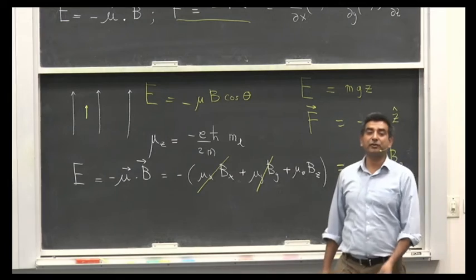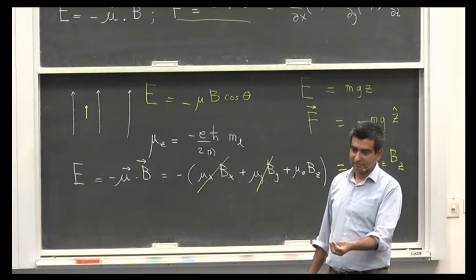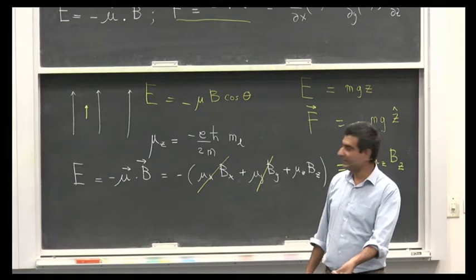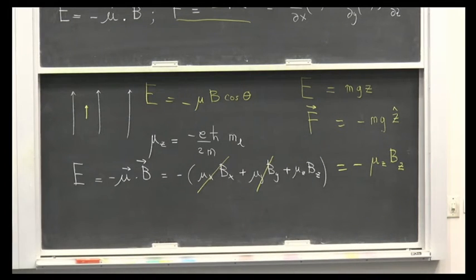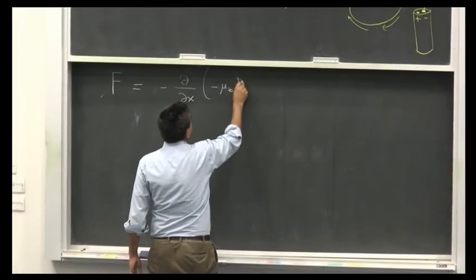Now I would like to find out the force acting on this electron, which is a tiny dipole. Now I take the derivative of this energy. My force is the derivative of that energy. I have to take the derivative with respect to x of the energy. What is my energy? It's minus mu z bz.